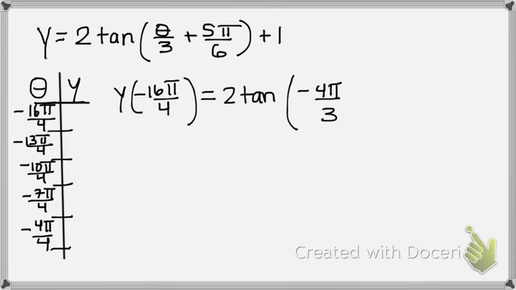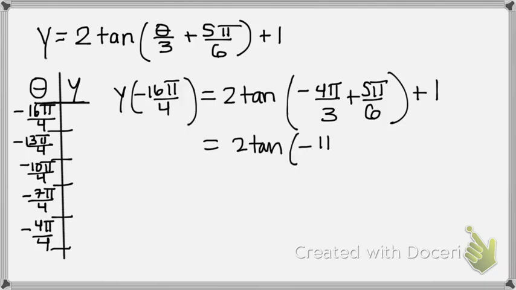So I'm plugging in negative 4 pi for theta. So I have negative 4 pi over 3, and that's plus 5 pi over 6. And I already did this. If you notice, I was checking that it made sense earlier, and it did. It came out to negative pi over 2, which is what I wanted. So negative 4 pi over 3 plus 5 pi over 6 is negative pi over 2, plus 1.